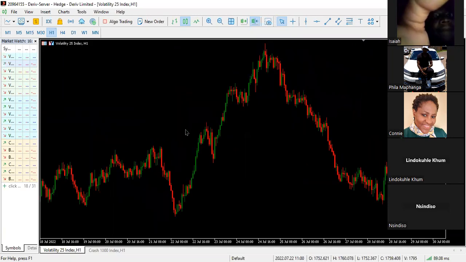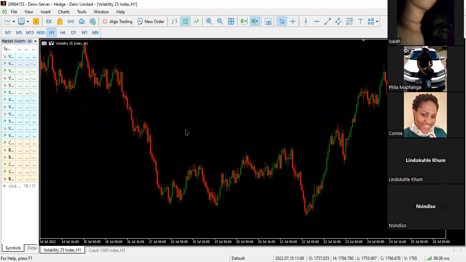Let's go back and check another one. Any trend line that you see here? Right below this one. Is it selling? Let's check if it is valid or not.